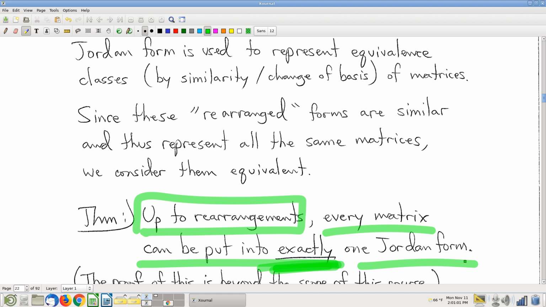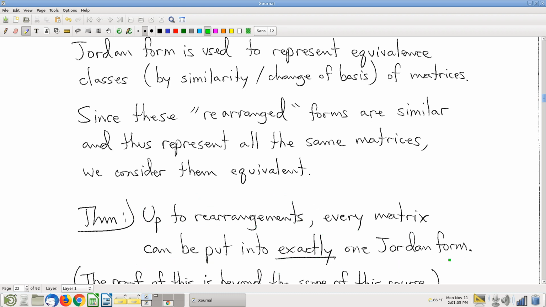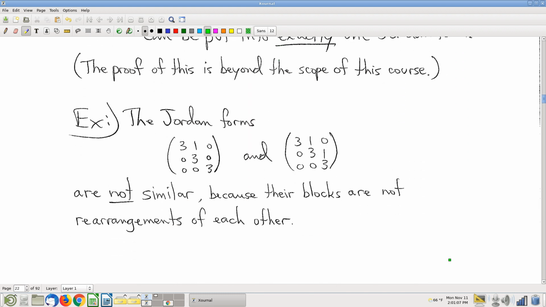Okay. So what can you do with this? Here is a nice example. Let's suppose that I do a similarity and find that some matrix is similar to this, and then somebody else, doing their own work, concludes that that same matrix is similar to this.